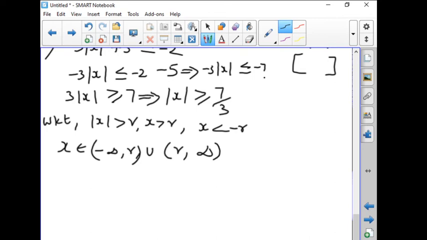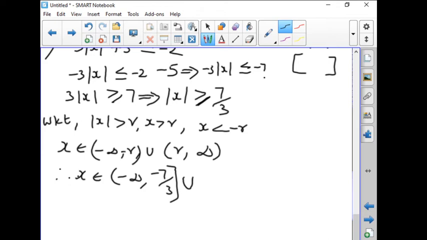So, this is the concept. So here modulus of x is greater than or equal to 7 by 3. Therefore, what is the solution? x belongs to minus infinity comma minus 7 by 3 union 7 by 3 comma infinity. Here we use closed brackets because we are having an equal to sign. Okay, greater than or equal to we have, therefore we use closed brackets.